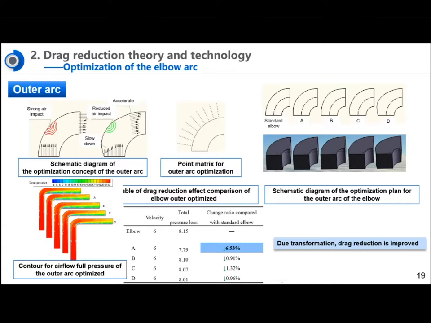That means we can change the traditional arcs into the new arcs. Then through changing the shape of the airballs, we can reduce the resistance remarkably.